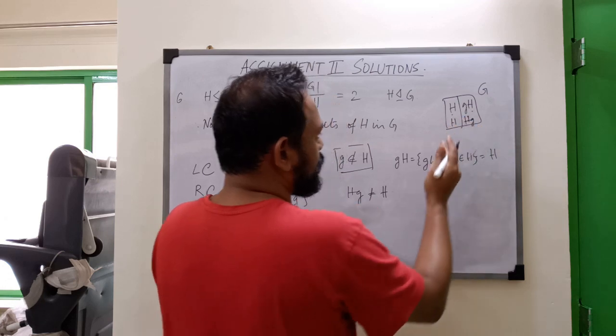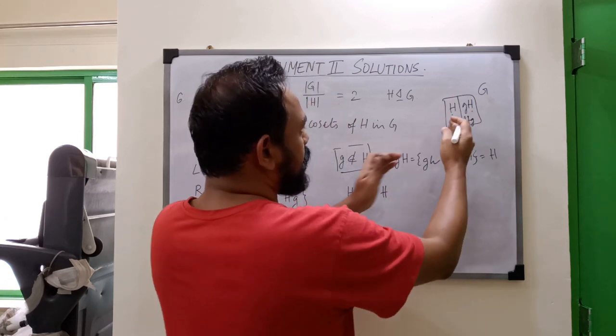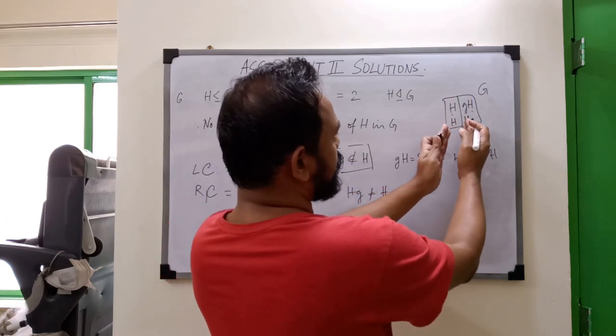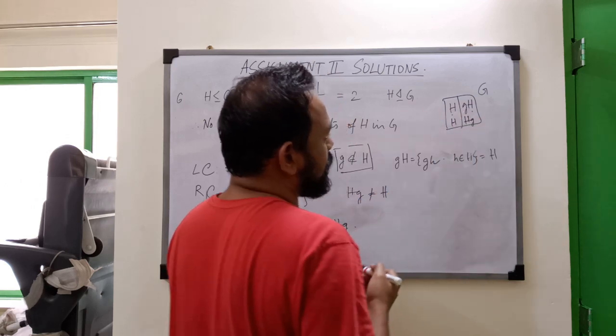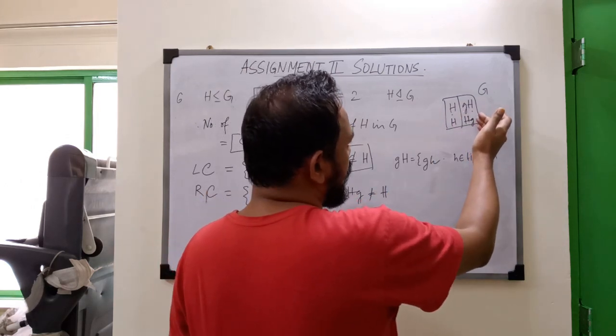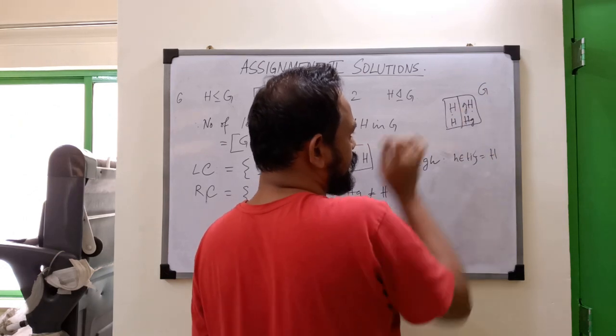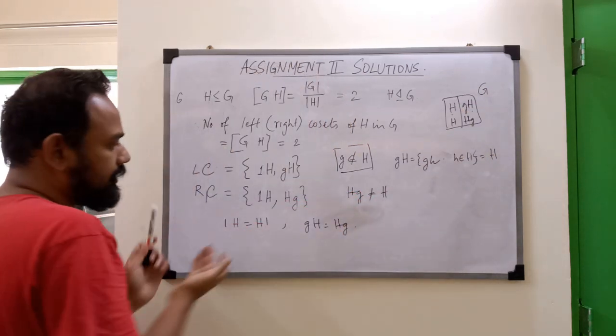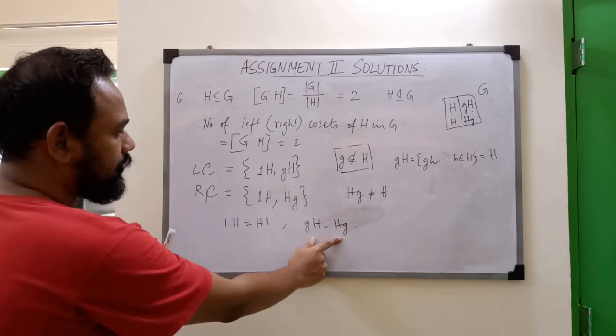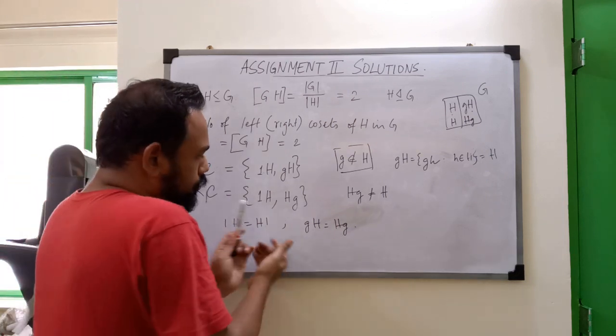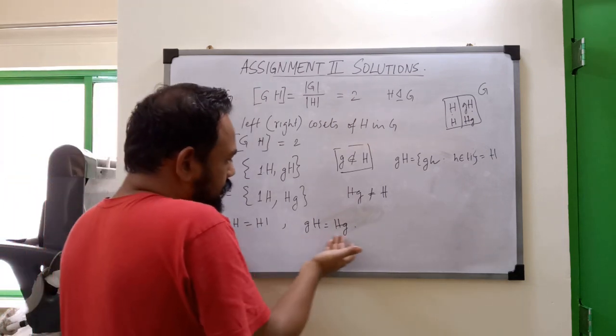So if this H is the same as this H, then this GH must be the same as HG. If you think about the partition by the right cosets, these two would be the same. The right coset by G will be equal to the left coset by G, and of course for 1 it is the same. So this is true, and we know that this is true for all G, for whatever G you can find.